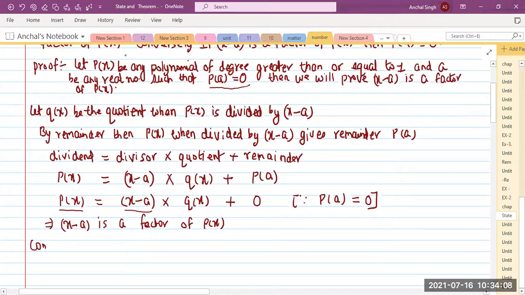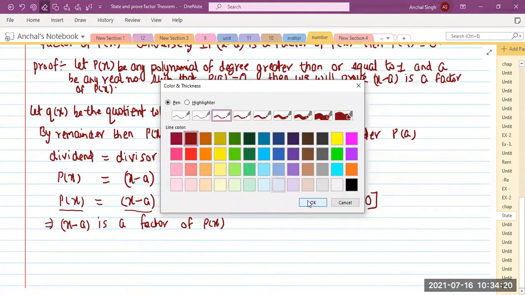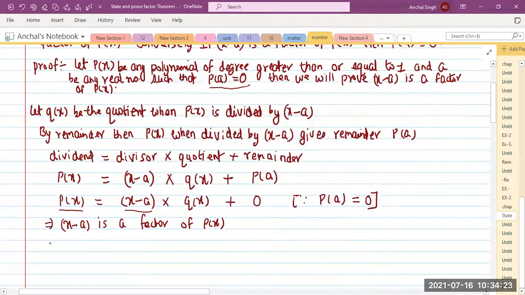Converse. Just a minute. Now I'm writing converse over here. Okay. Now in converse, converse means opposite.